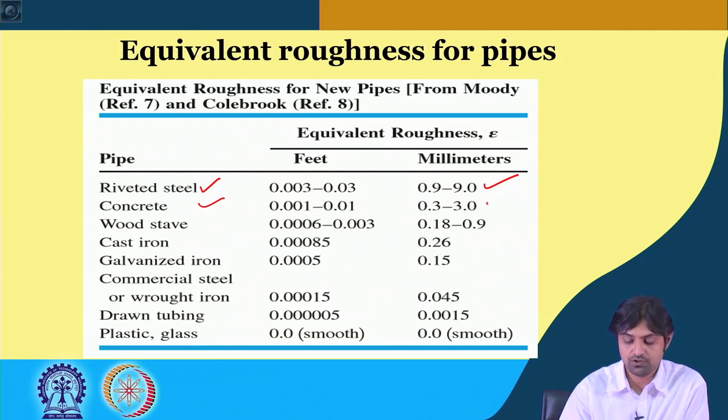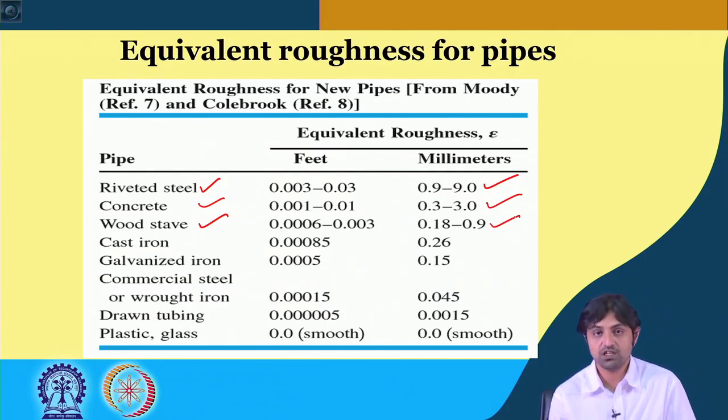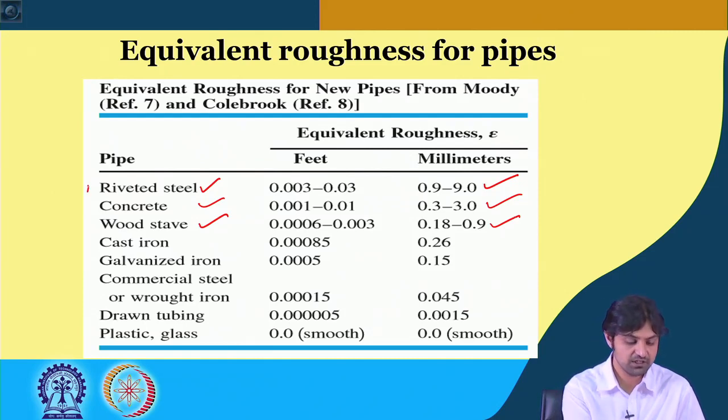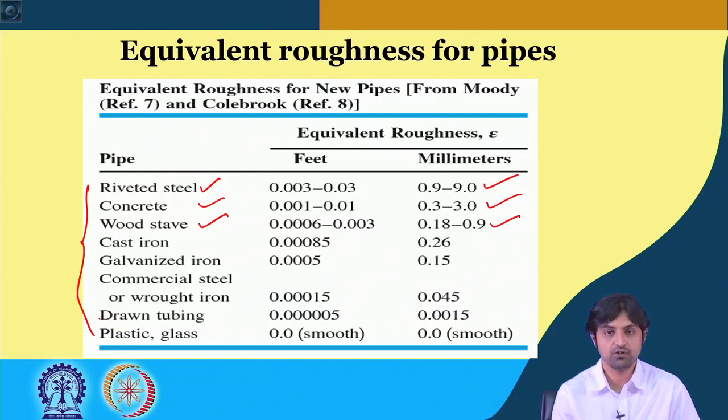Concrete, it is 0.3 to 3.0, and wood stave, for example, 0.18 to 0.9. So for every type of pipe a corresponding epsilon will be told to us. For your purpose, most likely the epsilon will be given in the question, otherwise you will have to look it up from the table. If we don't give you epsilon, we will give you the table. So you look which type of pipe is there among these and find out epsilon and then proceed with your problem.